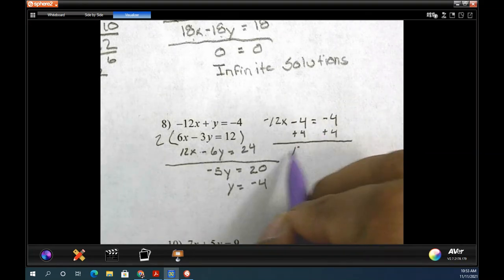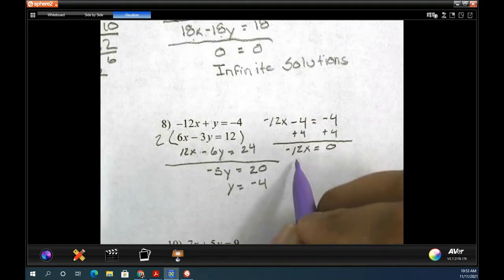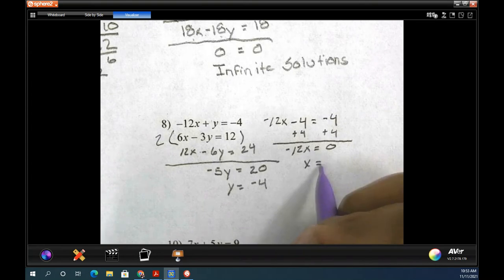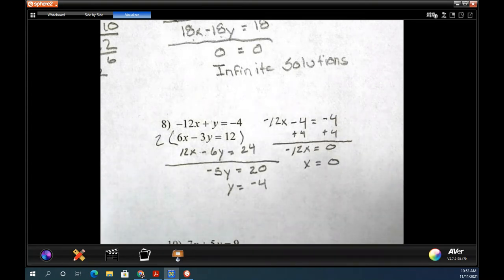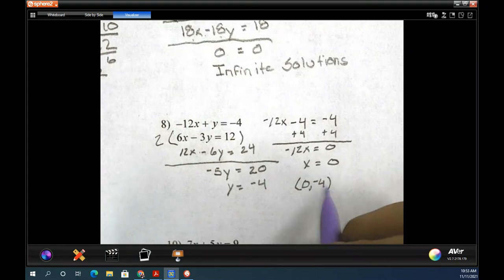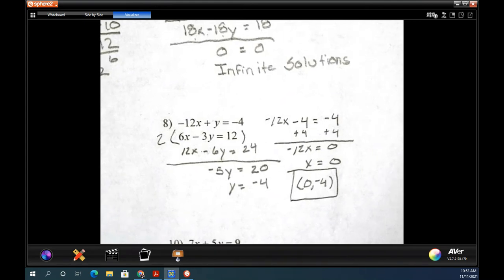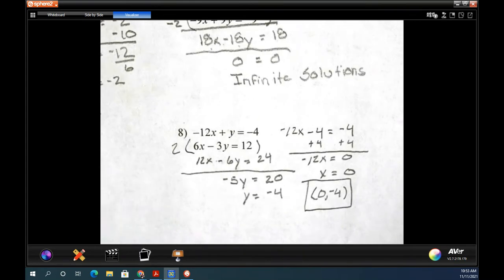You get negative 12x is equal to 0. So that's just x equals 0. So your answer is 0, negative 4, which is a what? Y-intercept. All right.